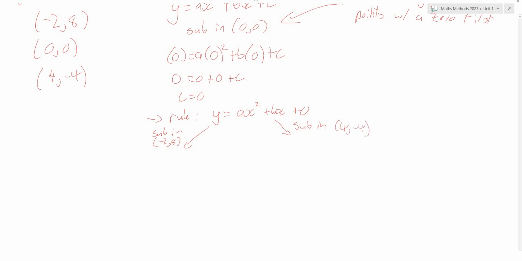So on the left, my y value is 8, is equal to a times -2 squared plus b times -2, and then it's plus 0, so I'm not even going to write the plus 0. Who has the time for that? The 8, yeah, so that became the y, and then all the x's become -2.